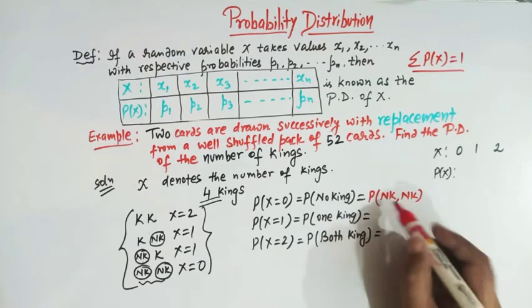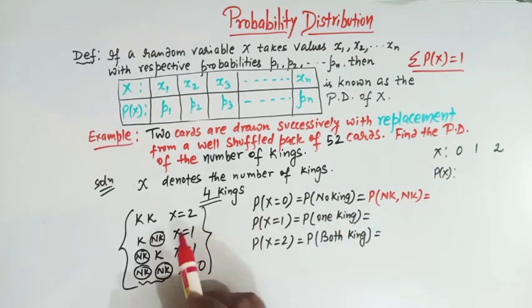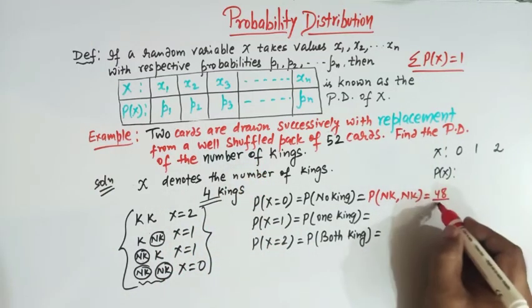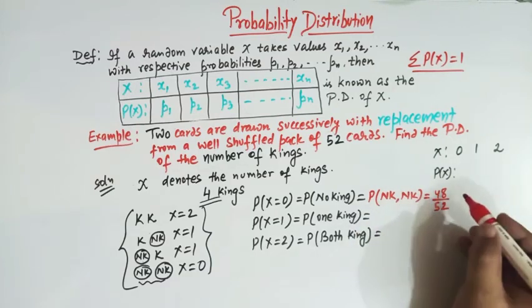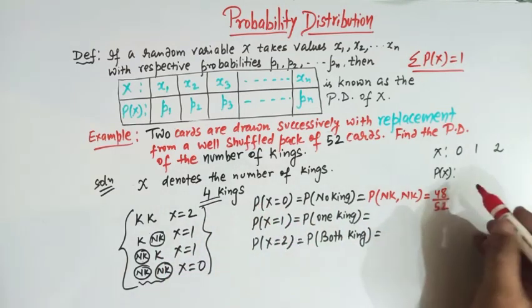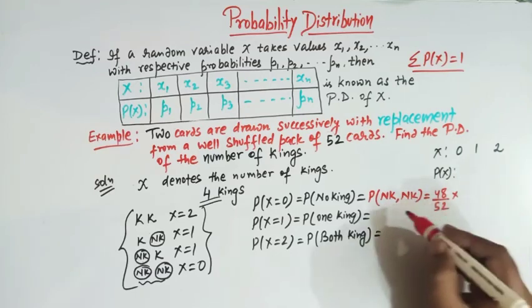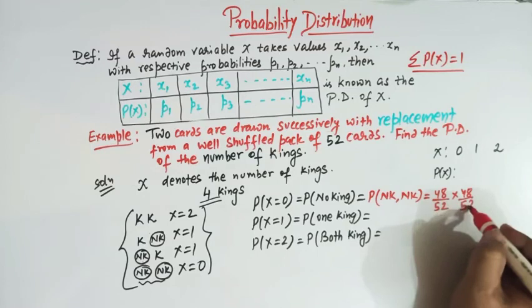So in the first draw we have a card which is not a king, so we have 48 divided by 52, and in the second case also, when we have replaced the first card, the probability of getting a non-king is 48 by 52, right?